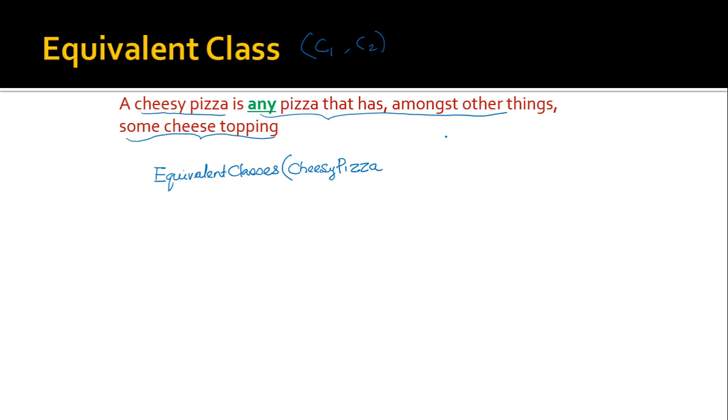So cheesy pizza is a set which is equivalent to another set, which is the intersection of the pizza set and the set of other things which has some topping, some cheese, right, has some topping to be cheese. So we have got one set here, and the other set.